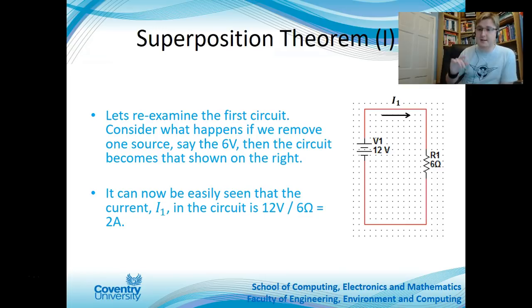So if you remove a voltage source, you replace it with a short circuit. If you remove a current source, you replace it with an open circuit. Again, we've removed V2, we've just got V1, so we've got 12 volts over 6 ohms, which gives us 2 amps.